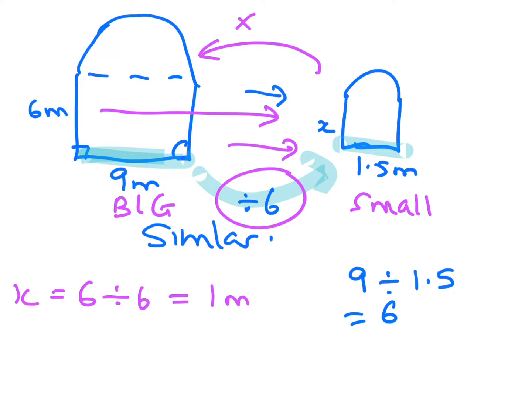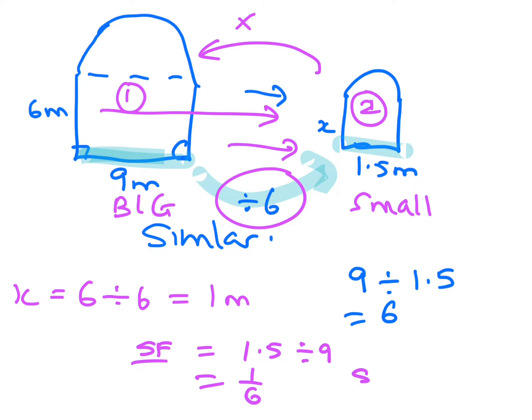Now, if you're after the actual scale factor, this is shape 2 and shape 1, the actual scale factor will be 1.5 divided by 9. You always do shape 2 divided by shape 1. And if you put that in as a fraction using your SD button, you'll find you'll get 1 over 6. Because this second shape here is actually 1/6 of the size of the first shape.